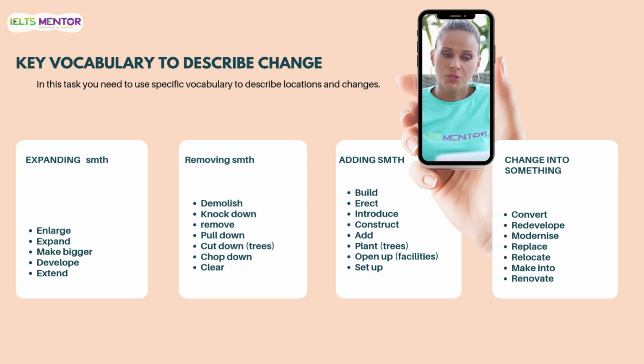Adding something, you can use build, erect, introduce, construct, add, plant, open up, set up. When you change something into something, you can use convert, redevelop, modernize, replace, relocate, make into, renovate.